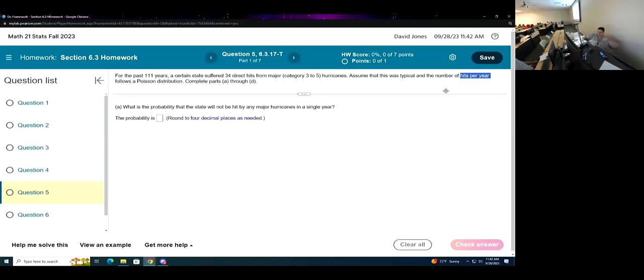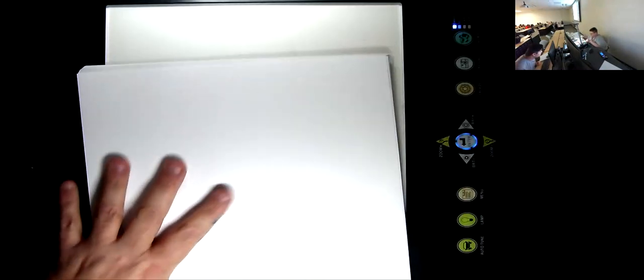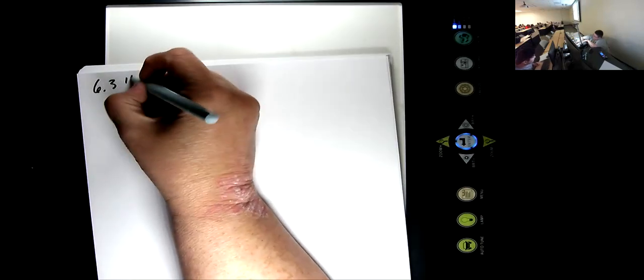So I'm going to write down the information they gave us on a piece of paper. And your numbers will vary when you get to 6.3, number 5. 6.3, number 5 is on hurricanes.